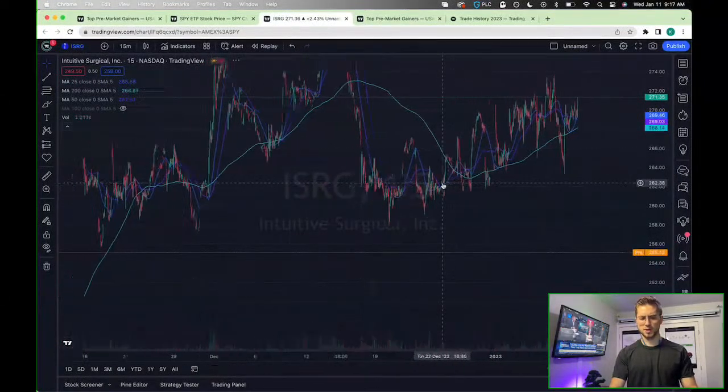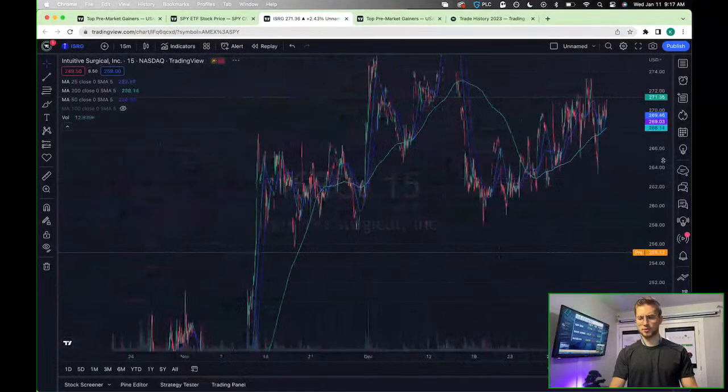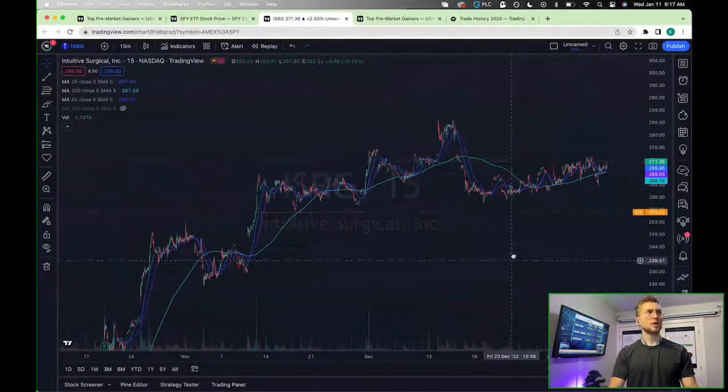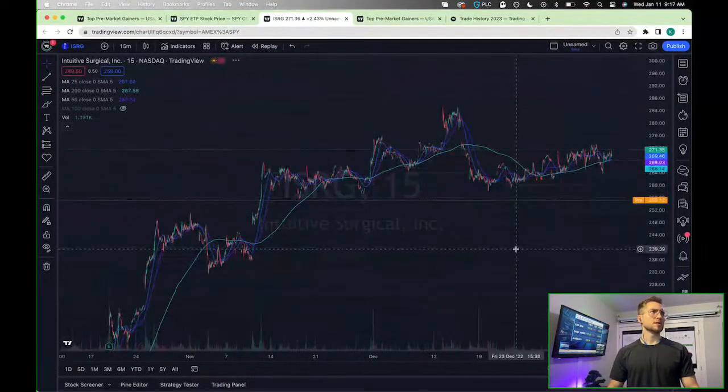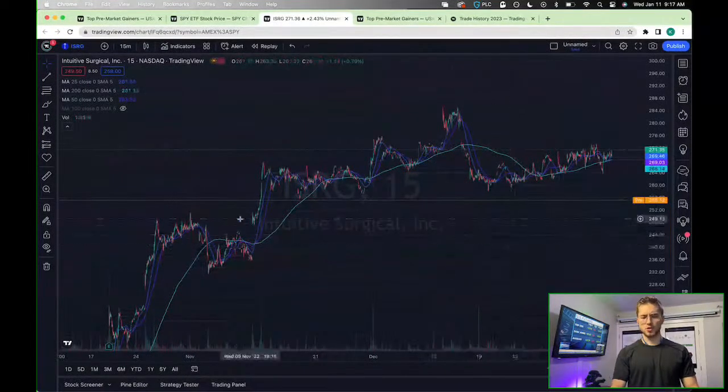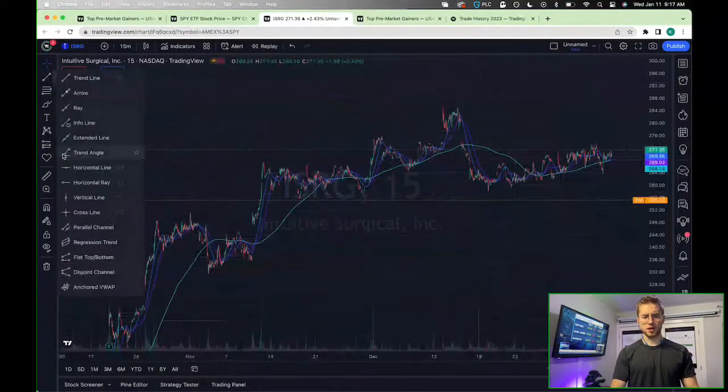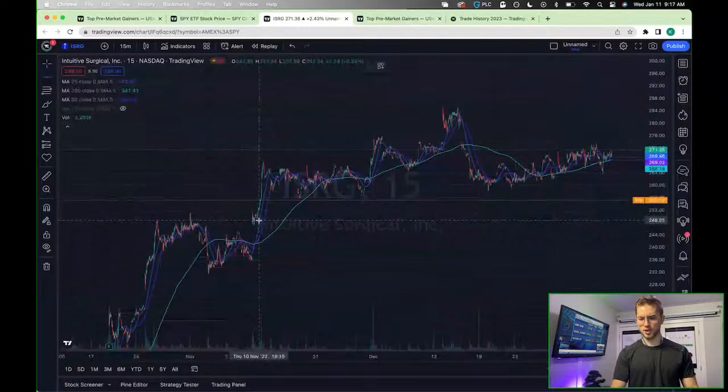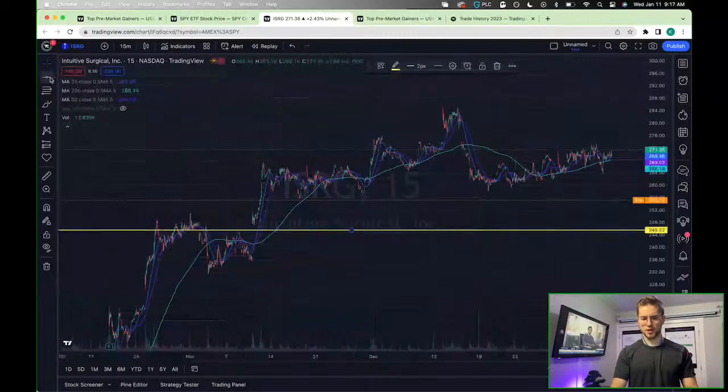Let me see if I can isolate down a level for us. Basically, there is a strong potential level at 245.26 for a long play. I'll just put that in on the chart. Around this level in here is going to be our long zone.